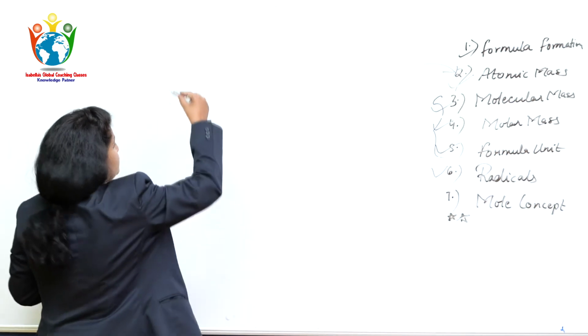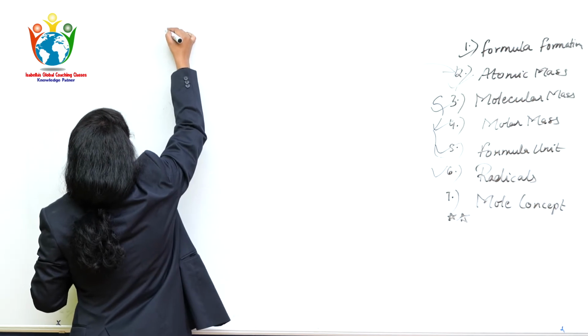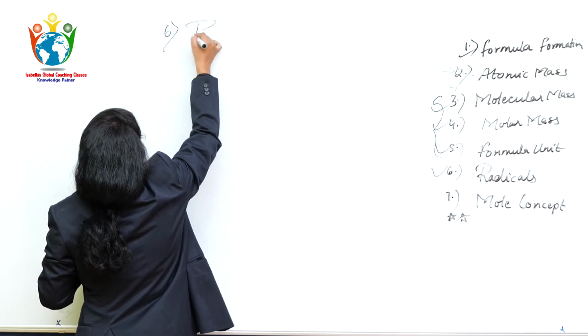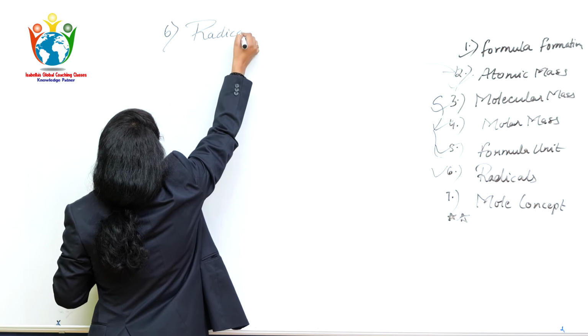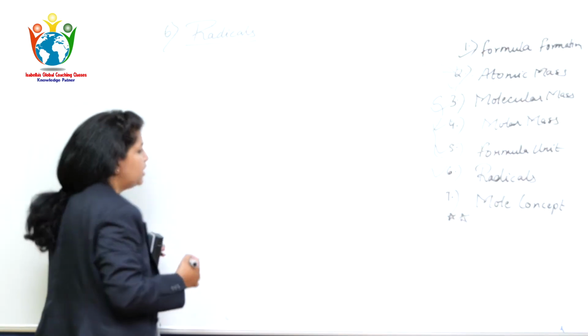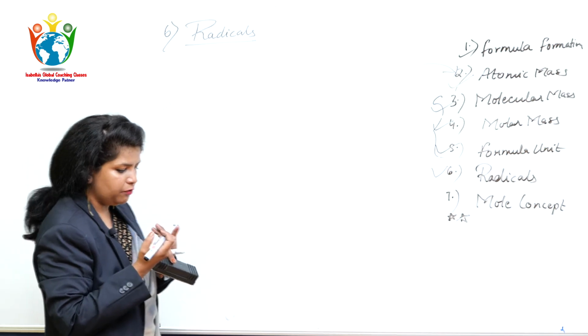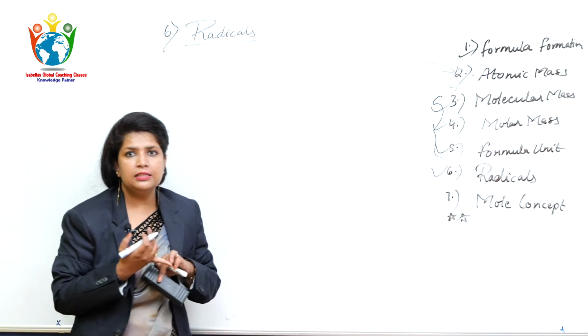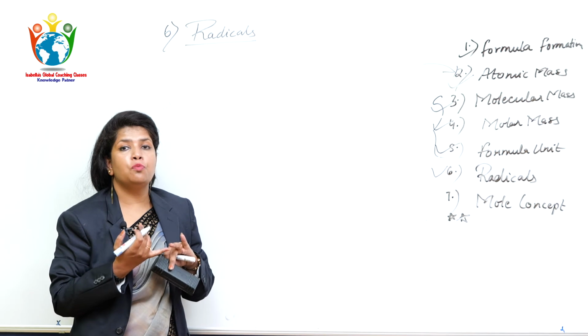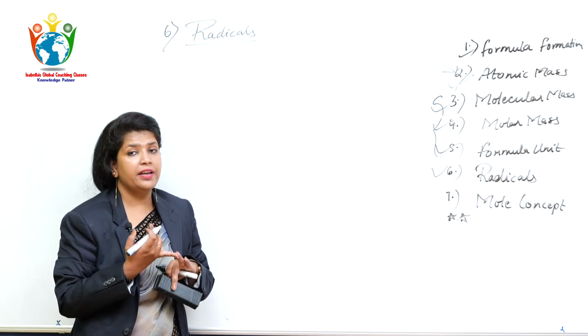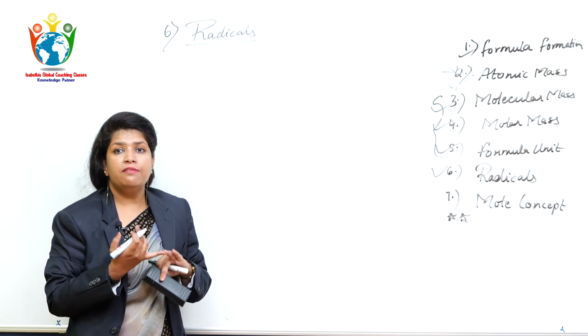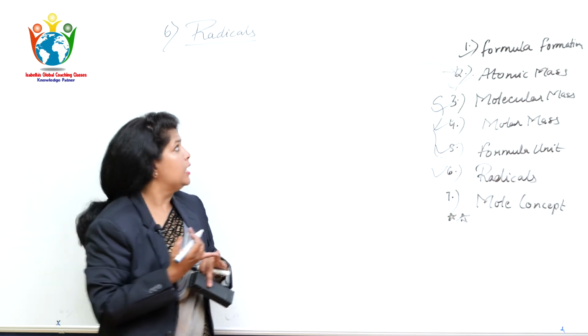Now radicals, that is the 6th topic we can say. Okay, radicals. Now if I am thinking of radicals, I have given you the notes of monovalent cations, monovalent anions, divalent cations, divalent anions, trivalent cations and trivalent anions.